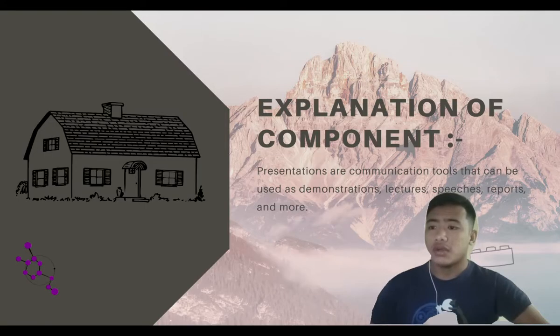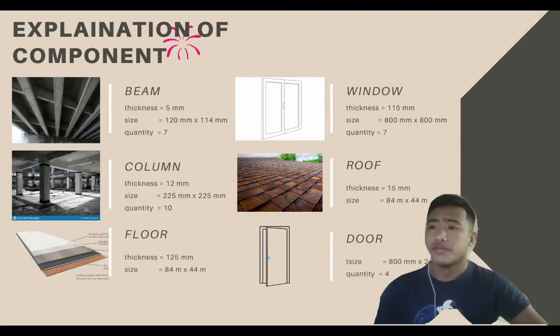Now I will explain the components. The components verified in this project are beam, column, floor, window, and for the next I will proceed with the thickness, size and quantity for each component.